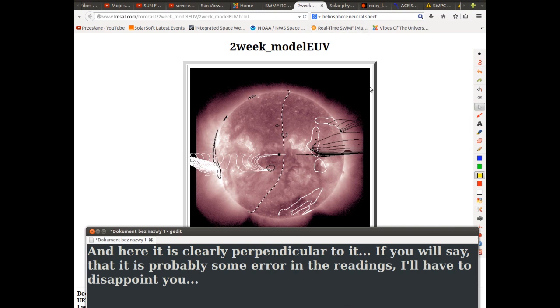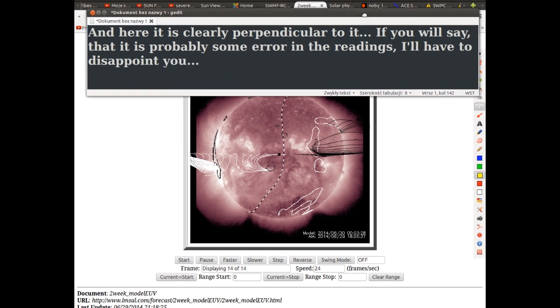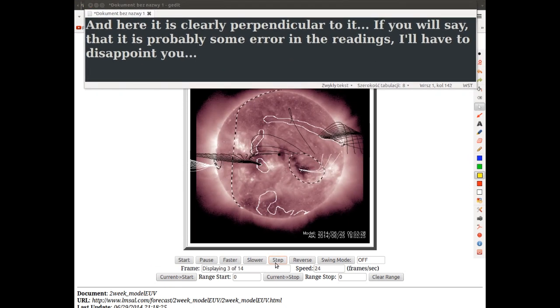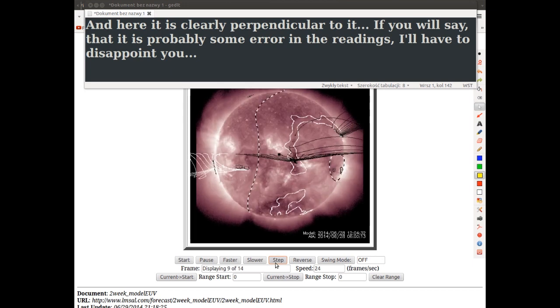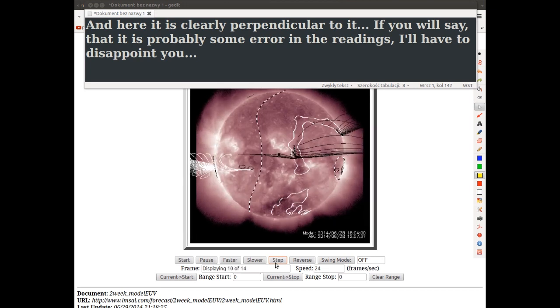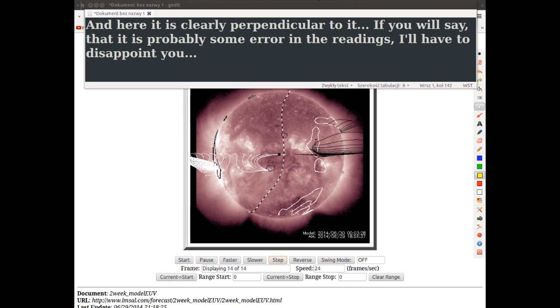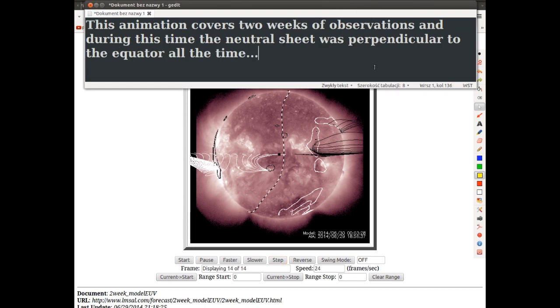If you say that it is probably some error in the readings, I will have to disappoint you. This animation covers 2 weeks of observations, and during this time the neutral sheet was perpendicular to the equator all the time.